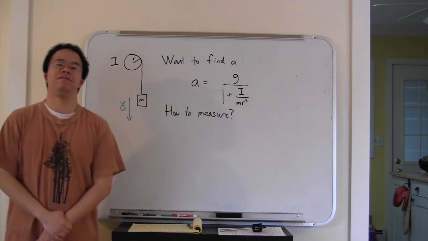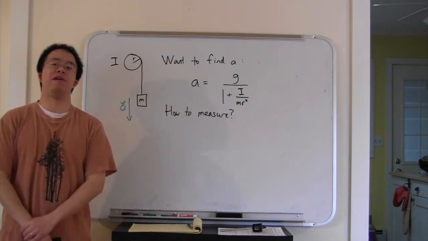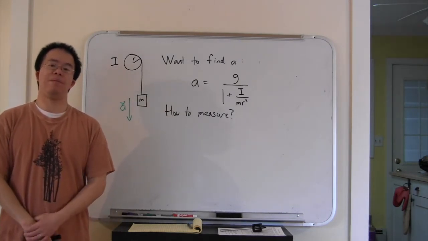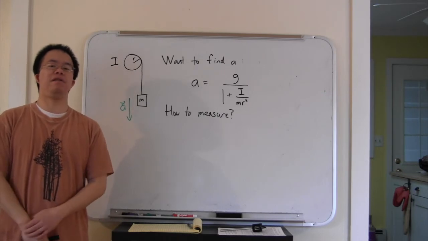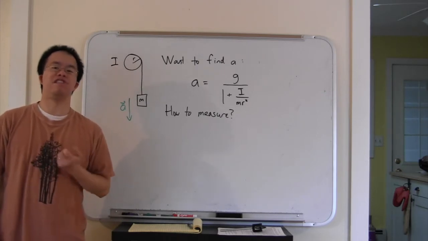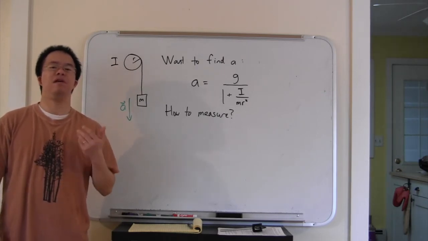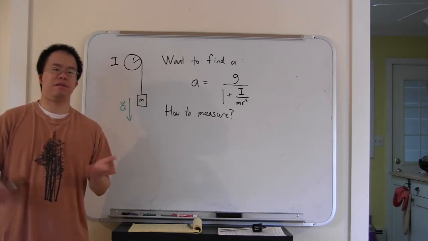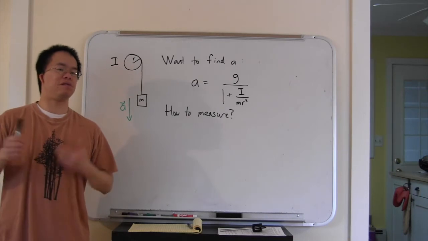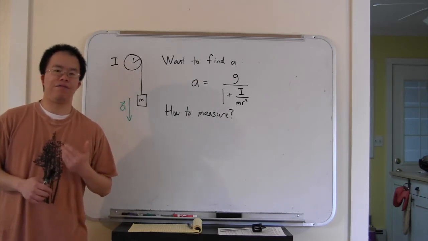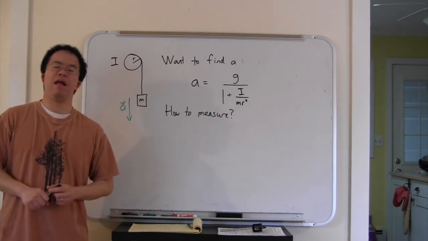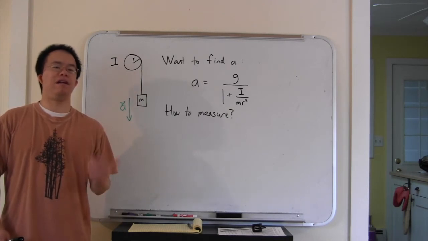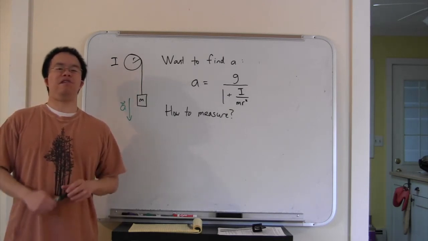Well, you might have some thoughts about how to measure accelerations because you've already done that. In the linearly accelerated motion experiment, you were able to use your timers to measure how fast the cart was going, and from that you were able to infer the acceleration.